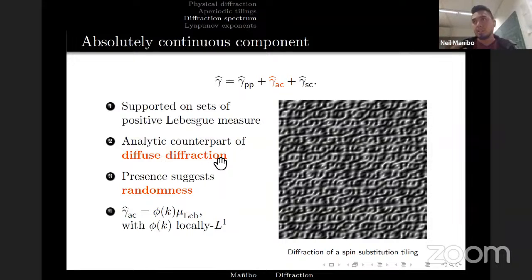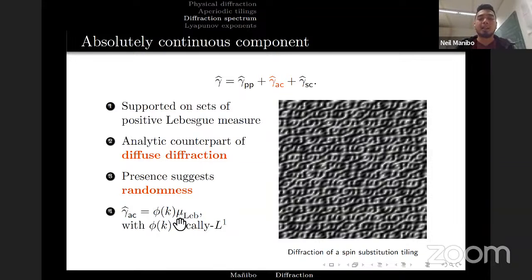So diffuse diffraction is something that you have if you have an amorphous solid or something which has less order than that of a crystal or that of a quasi-crystal. And normally, also in dynamical systems, the presence of absolutely continuous components suggests randomness. So the material is less ordered. Mathematically, one can write the absolutely continuous component as a Lebesgue measure times what we call a Radon-Nikodym density, phi of k.